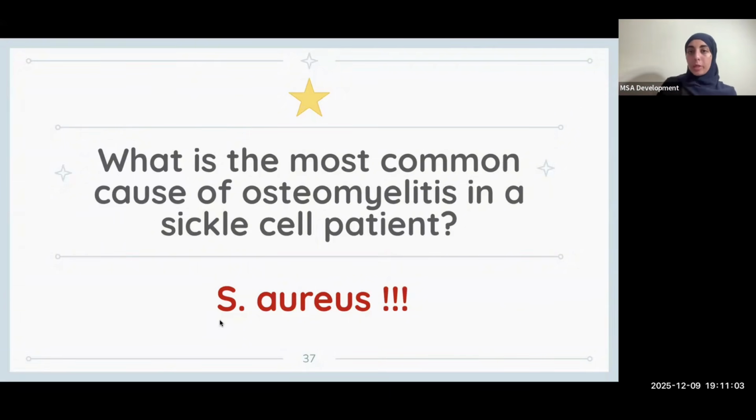The majority of those patients are going to have sickle cell disease, okay? So the most common cause is Staph aureus, but the most common disease associated with Salmonella osteomyelitis is sickle cell patients. This is a confusing point. I hope I made it clear, but just try to understand the difference in associations.